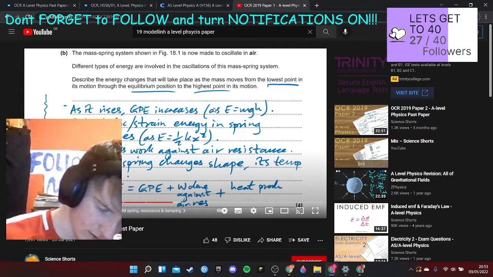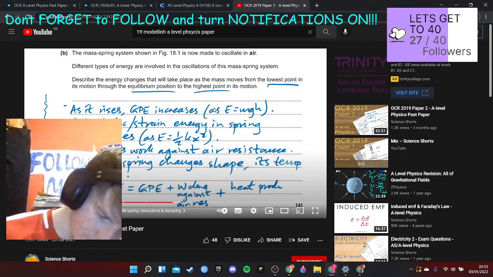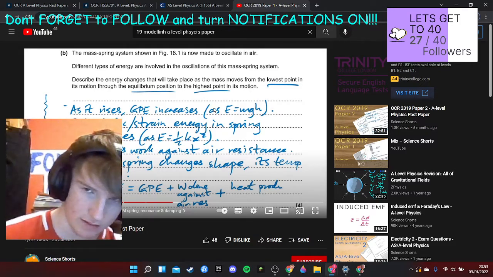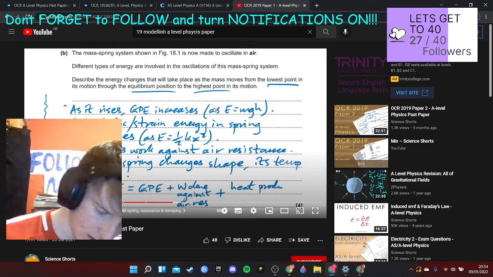When the spring changes shape, energy is lost to heat. Energy is transferred, not lost, because you can't lose energy, it just changes to a different thing. Transformed into heat energy.